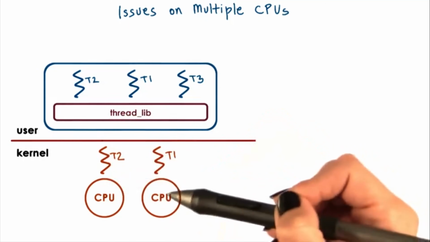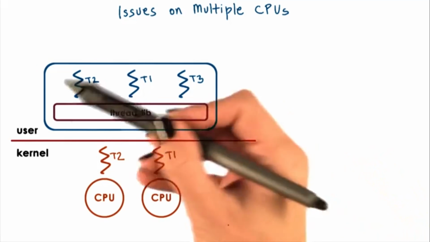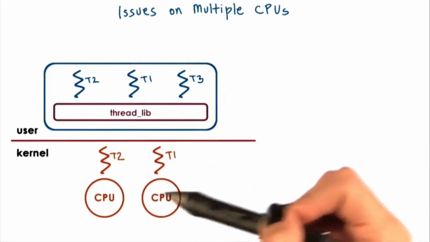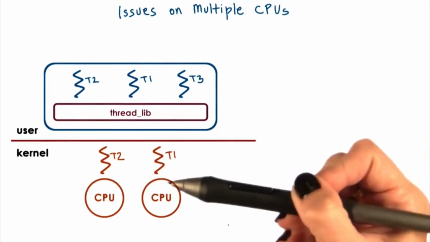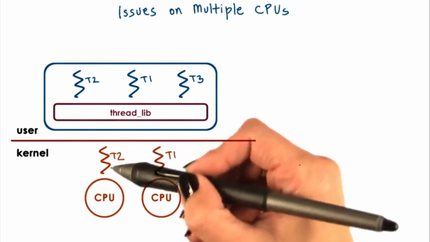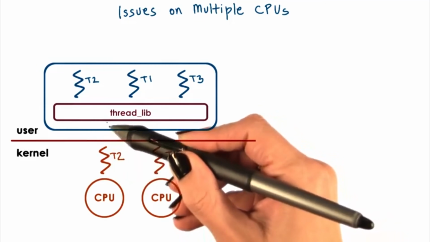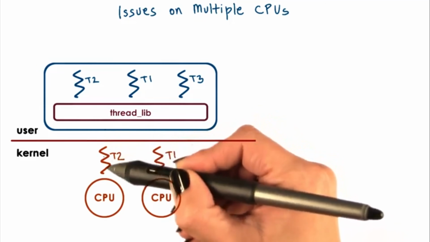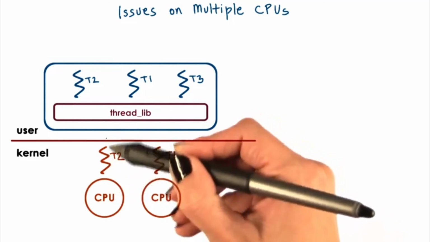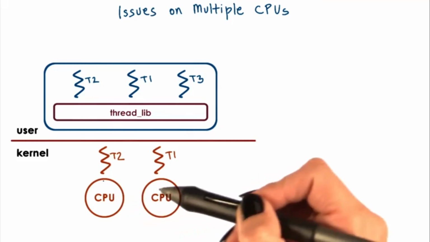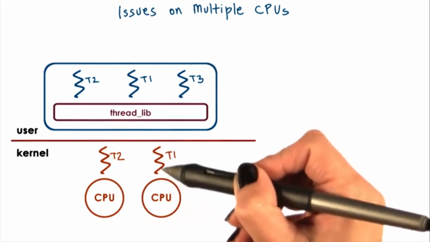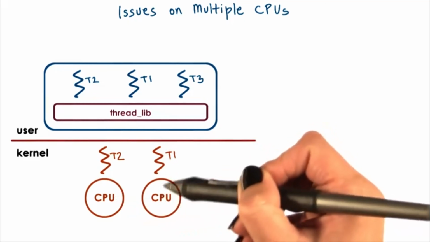In a multi-CPU system, the kernel-level threads that support a single process may be running on multiple CPUs, even concurrently. So the user-level library operating in the context of one thread on one CPU may need to impact what is running on another thread on another CPU.